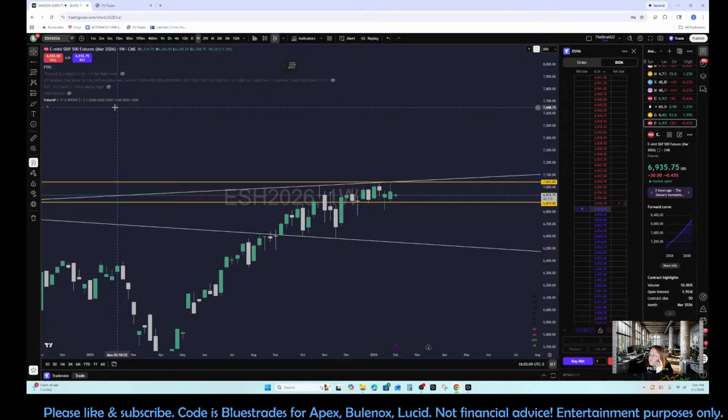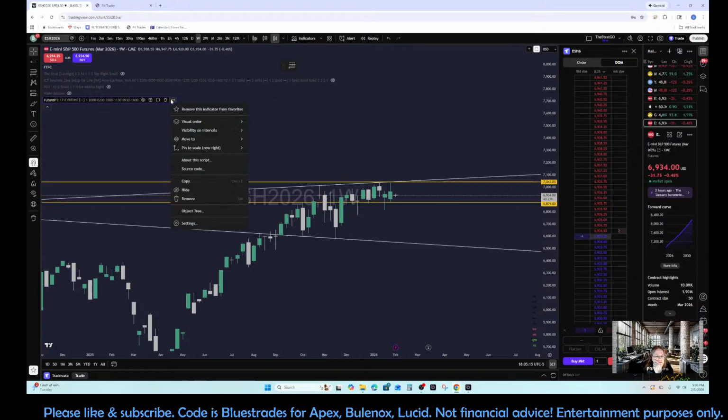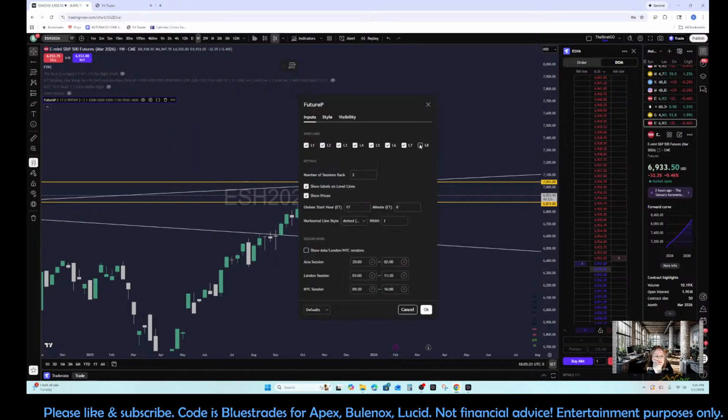I wouldn't have thought that TradingView would have removed it. What is going on? My sessions are there. Everything is there that it should be working.